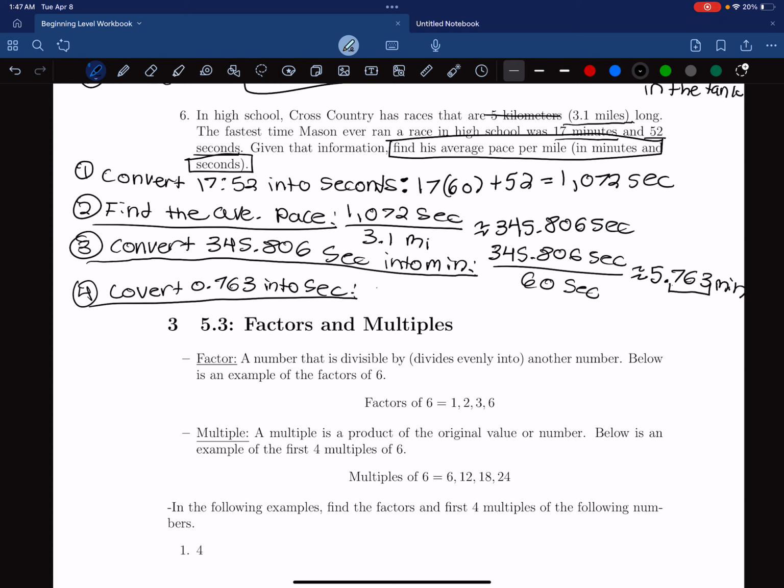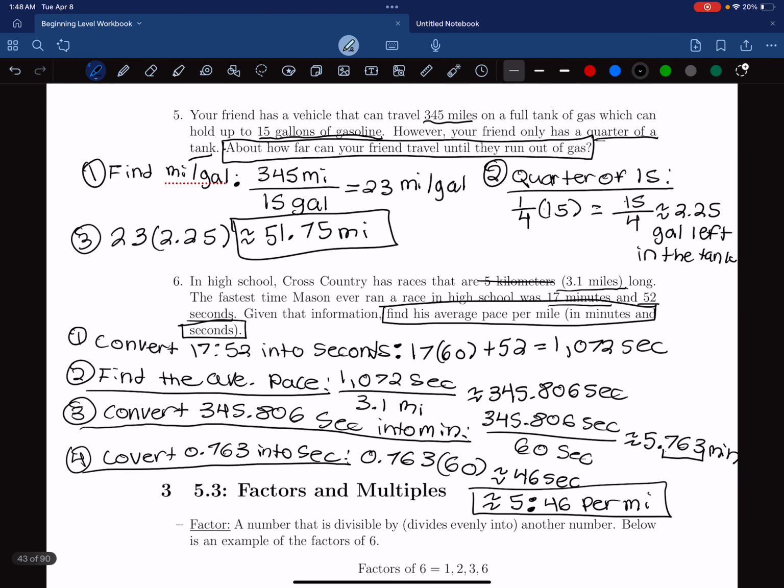Now to do that, we're going to take the decimal 0.763 and multiply that by 60 seconds. And once you do that, you should get approximately 46 seconds. So our answer is that my average pace was about 5 minutes and 46 seconds per mile. And that is the answer to this question.